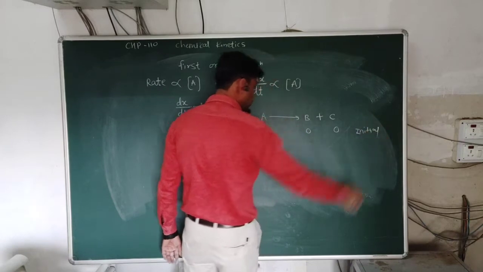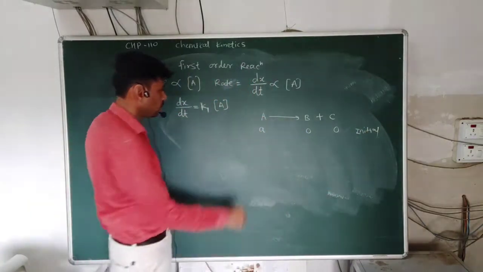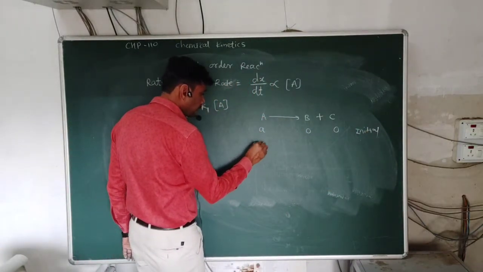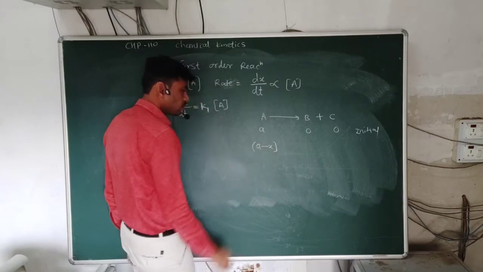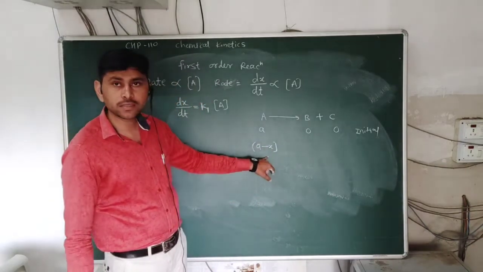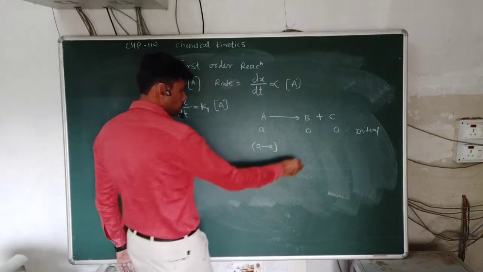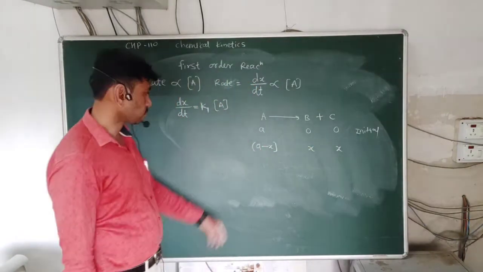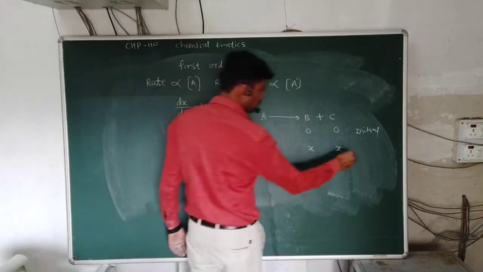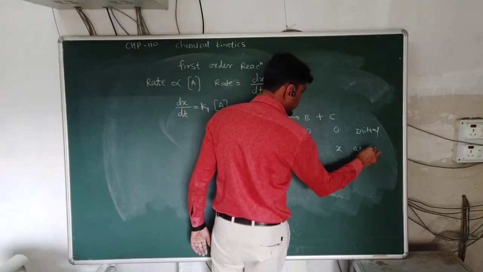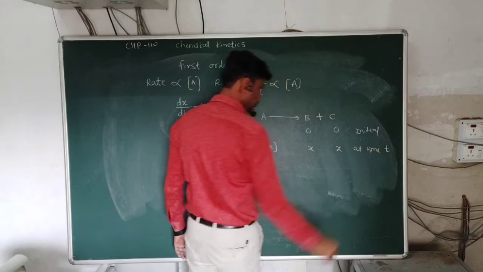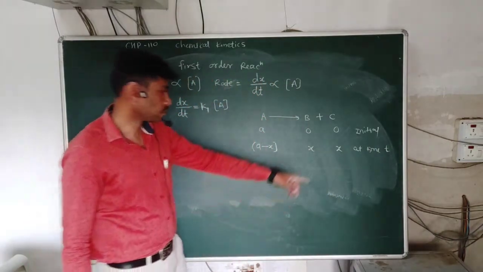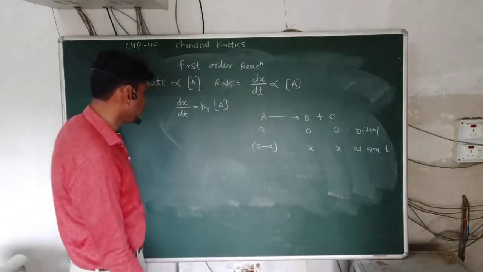But at time t, the concentration of A starts decreasing and x starts increasing, so there is an increase in the concentration of products B and C.